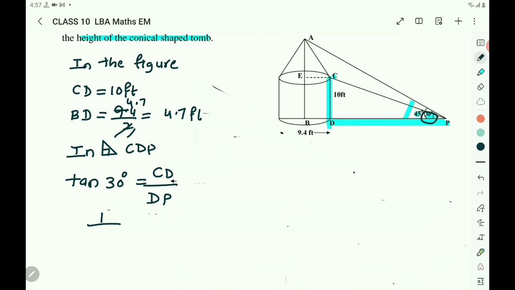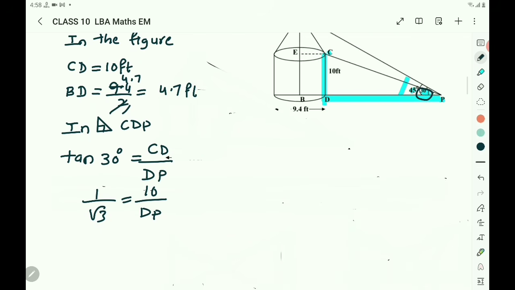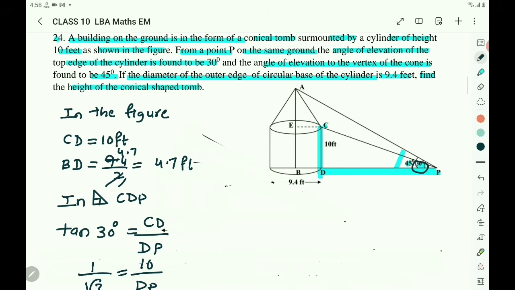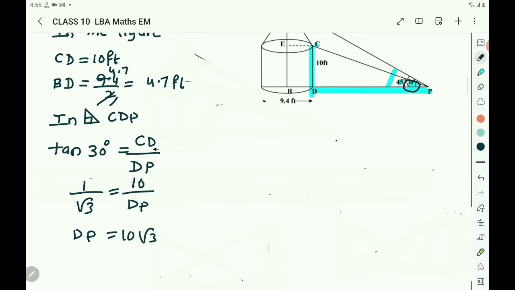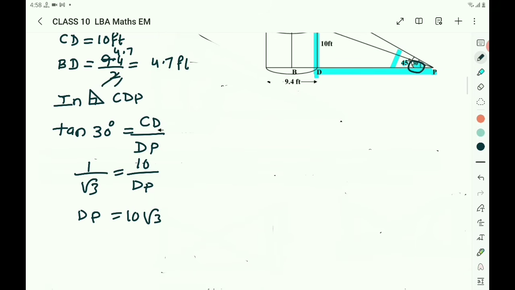Tan 30 is 1 by root 3. CD is 10 feet by DP. 1 into DP. DP is equals to what? 10 root 3. Consider this is first one.